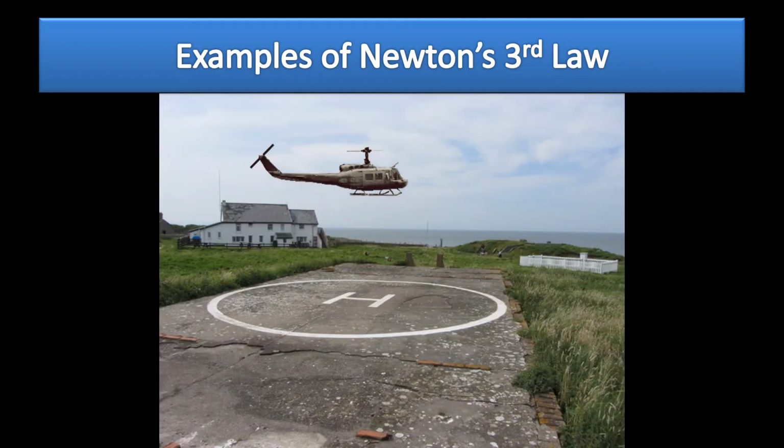So we have a helicopter hovering in the air. Now we're talking about thrust, and it's kind of the same concept as the rocket from the beginning, the critical thinking. So what's happening here? For the helicopter, the blades are actually pushing the air downward.